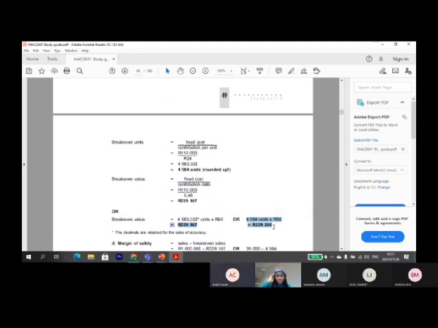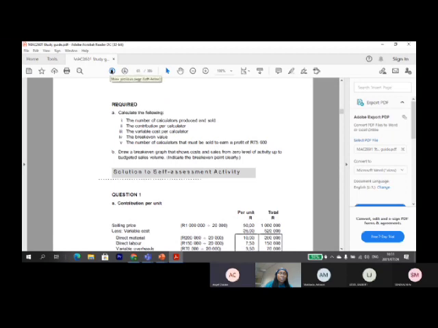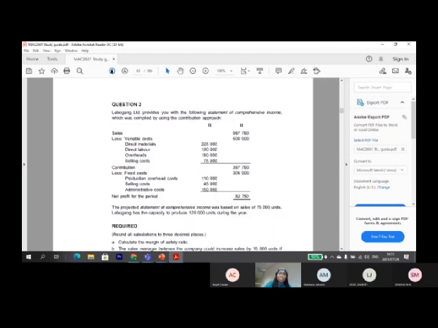Break-even value, it's my break-even units multiplied by my sales price. Then you get the value. Or if you've got time, it's your fixed cost over your contribution ratio, which was calculated already in B. So either or.